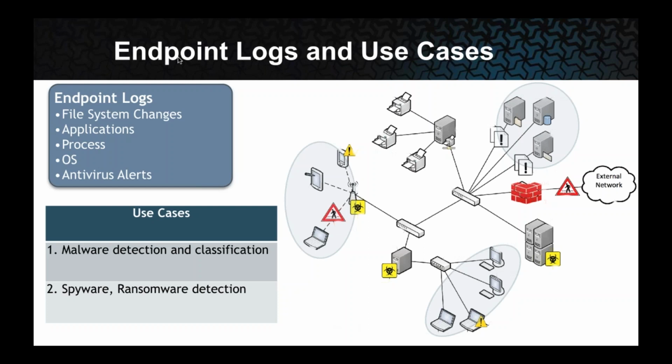In the supervised setting, we could train the classifier beforehand for the known cases, and then the classifier can predict if there is any malicious process or malicious application running on that endpoint. The same thing can be leveraged for spyware and ransomware detection as well.